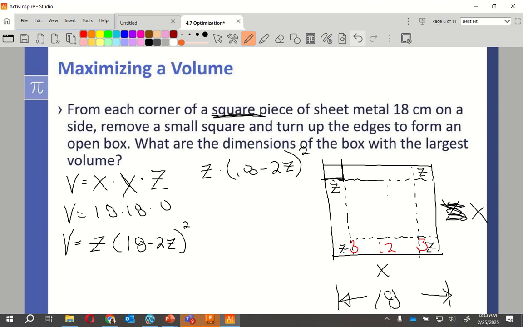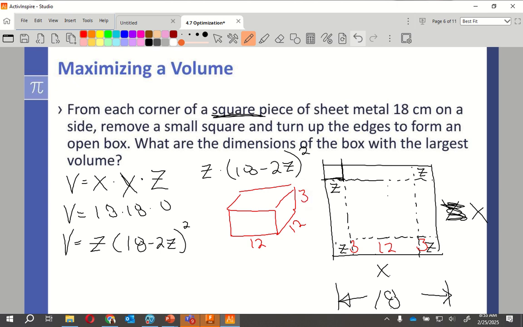What are the dimensions of the box with the largest volume? Let's go back to my information. I'm trying to make a box, so this one's going to be 12, this is also 12, and it is 3 high.